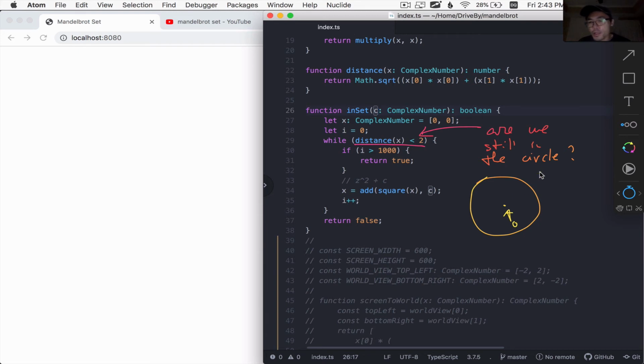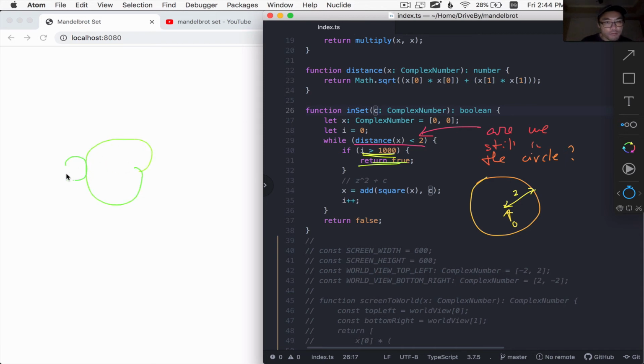If we get outside the circle, remember, we know that once it gets outside the radius 2 circle, then it's gone. It's eventually going to approach infinity. But if we're still within the circle within 1,000 tries, we deem that it's probably never going to reach there, and we're happy returning a true, as in yeah, it is black. It is within the Mandelbrot set, the thing that looks like this.